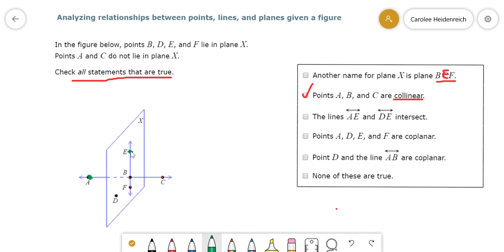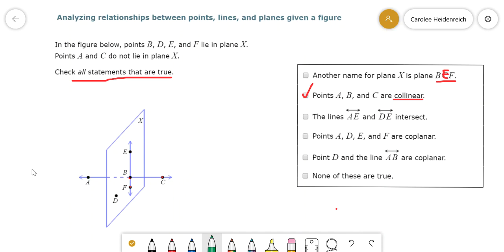Even though they didn't draw the line through A and E, we can draw a line through any 2 points. So if they ever ask you if any 2 named points are collinear, the answer is yes. It's kind of tricky because they didn't draw the line in for us, but we can draw a line through it.